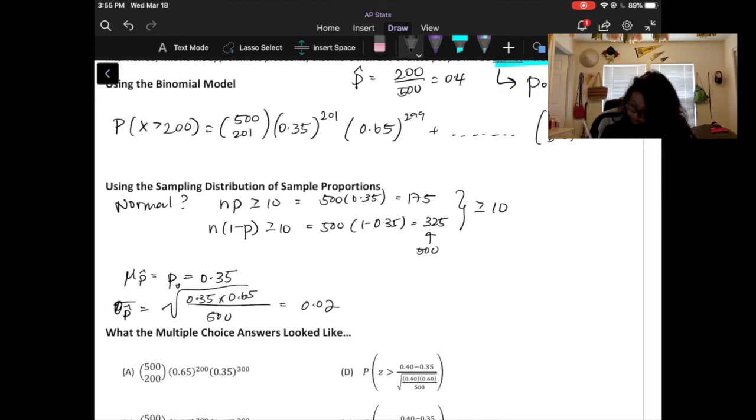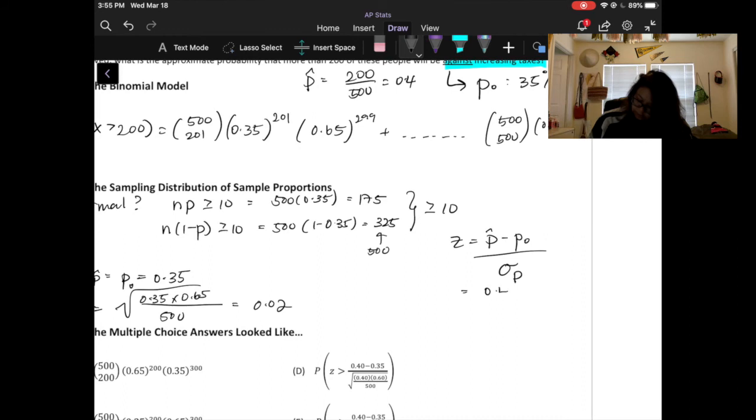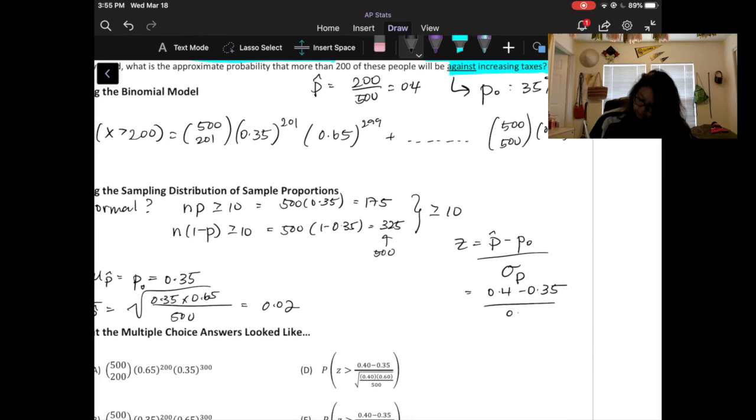Well, we're going to use a z-score. So we're going to use z equals p hat minus p naught divided by the standard deviation of p hat. So this is 0.4 minus 0.35 divided by 0.02.